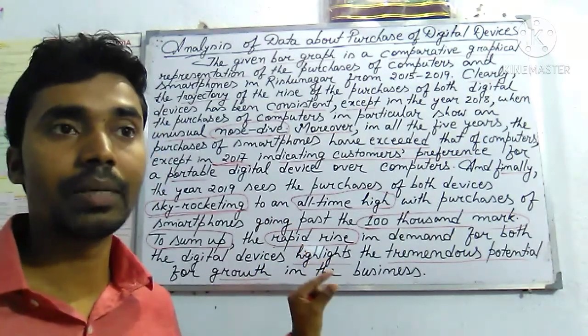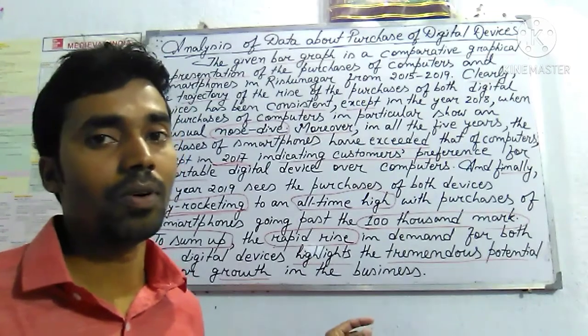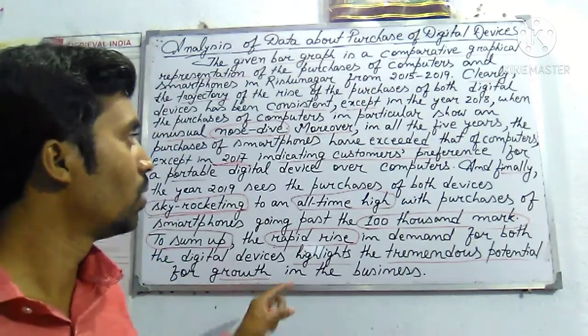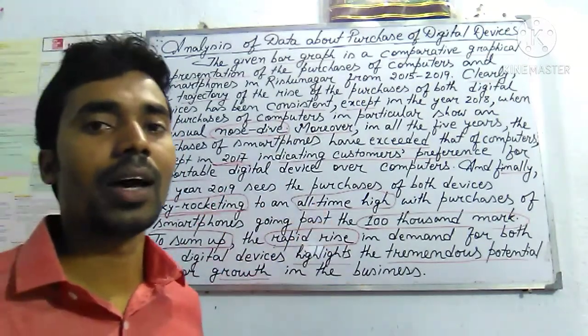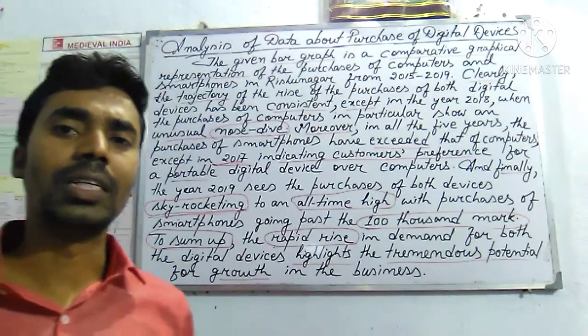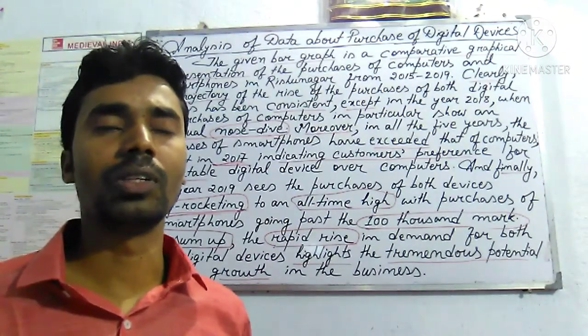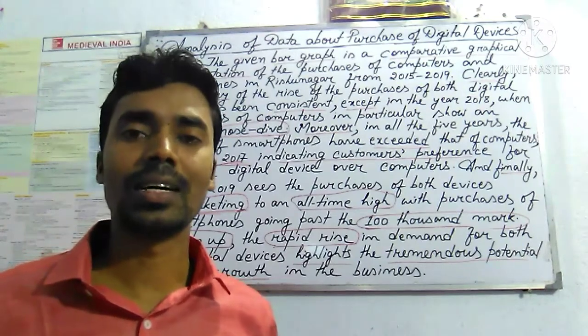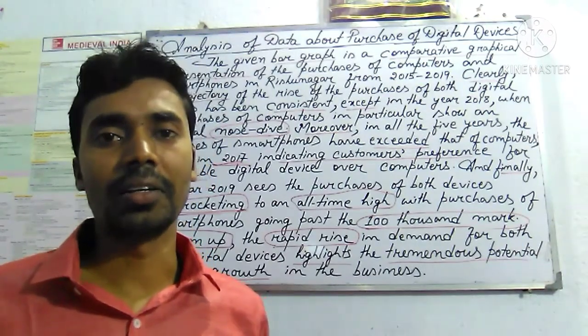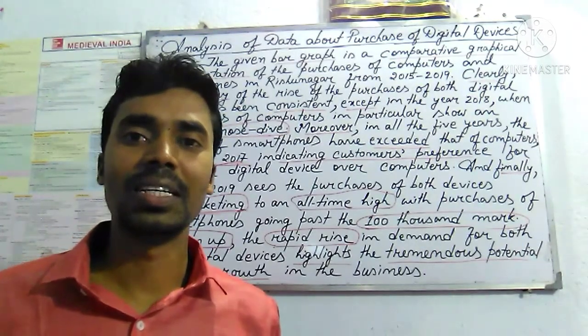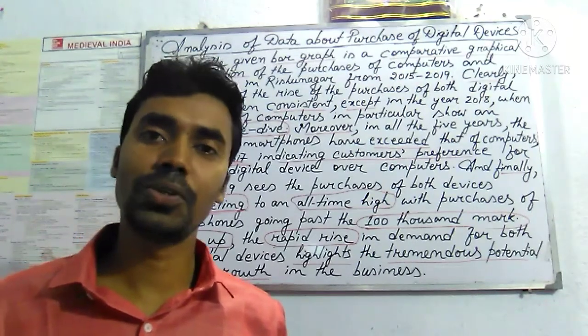It has great potential, tremendous potential for growth, right? So this is how we are going to write an analytical paragraph based on the data that is provided to us. We will simply analyze it, describe it, and interpret it, and that is how we will easily get our 5 marks. I hope it has been useful to you, right?